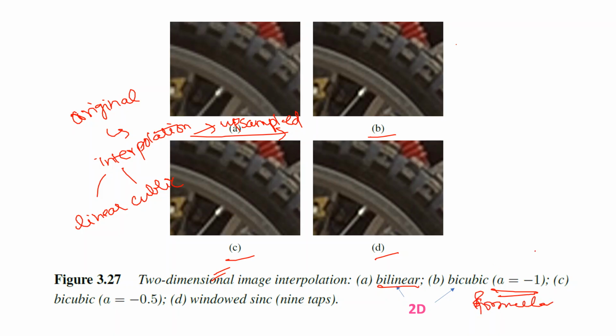We'll have a factor called A. Based on A, the image will completely change. On applying A equal to 1 we have a certain image, and on applying A equal to minus 0.5 the image is again shown here, and windowed sinc. On comparing all these four images, we can observe that the windowed sinc is much better.